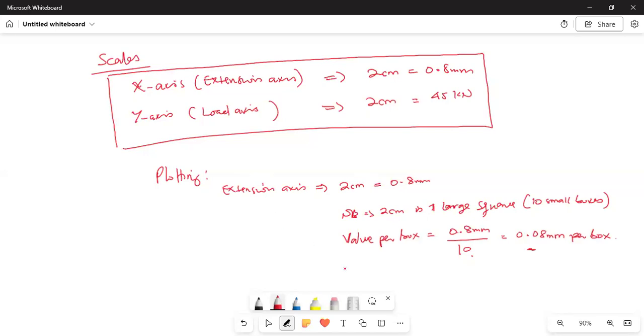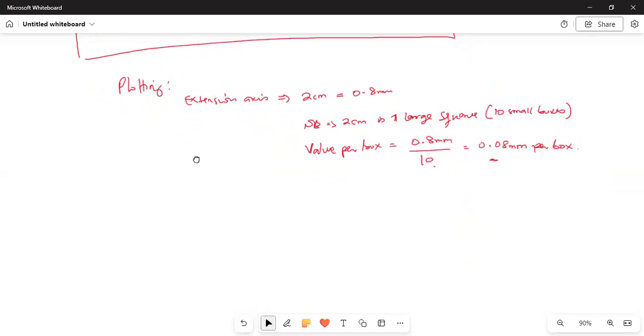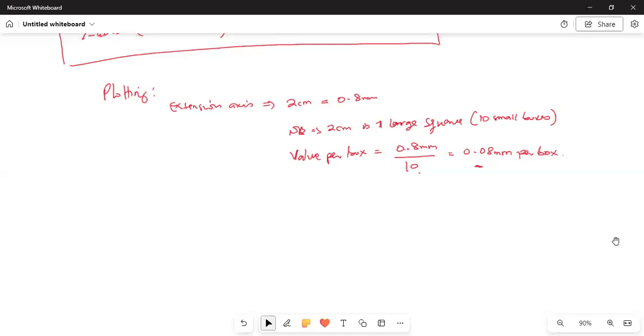Okay, good. Can we do the same for the y? Let's do the same for the y, the load axis. What was our scale? 2 centimeters is equal to 45 kilonewton.